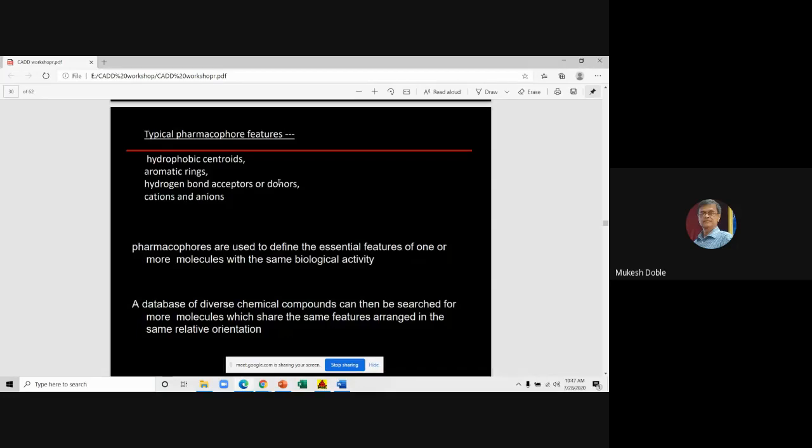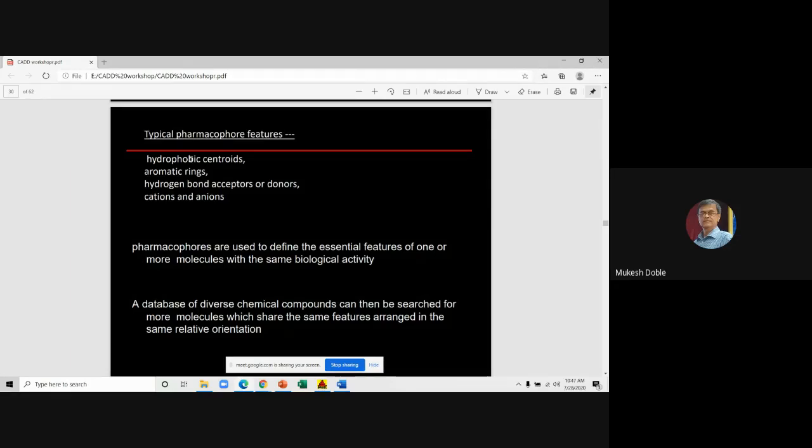Again, they should not have charge. O minus is not here. Cations or anions, that means Na+, Cl minus, all these are cations and anions respectively. So we specifically look only for these features: hydrophobic groups, aromatic rings, hydrogen bond acceptors, donors, cations, and anions.